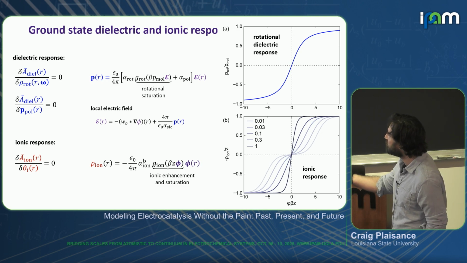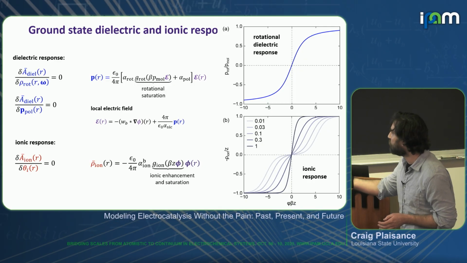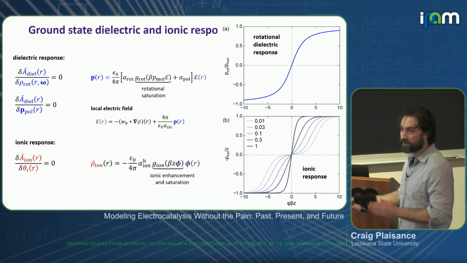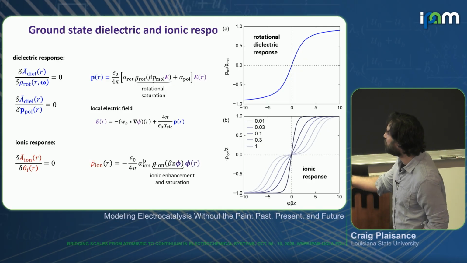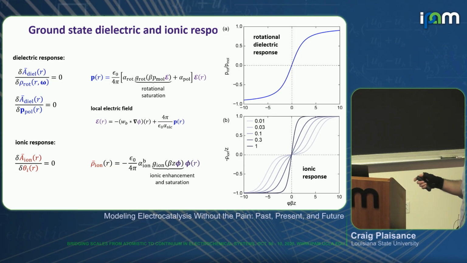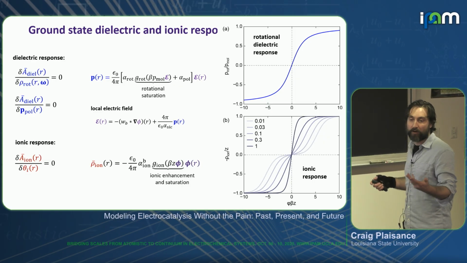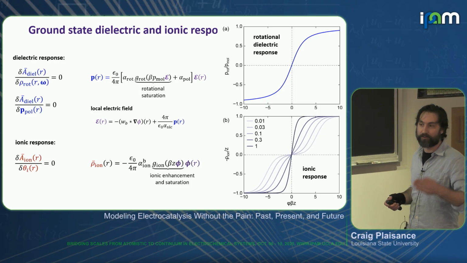And if we plot these responses, we see that they're nonlinear. If we only had the linear terms, we would just have this region here near the origin. But you can see that the dielectric response saturates as we get to high fields because once all the water molecules are pointing in one direction, you can't orient them anymore in that direction.